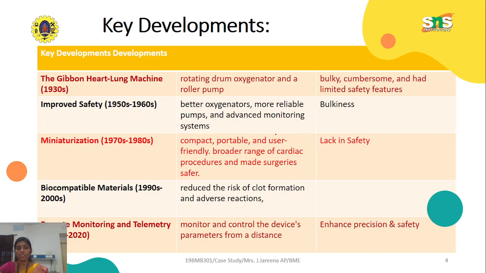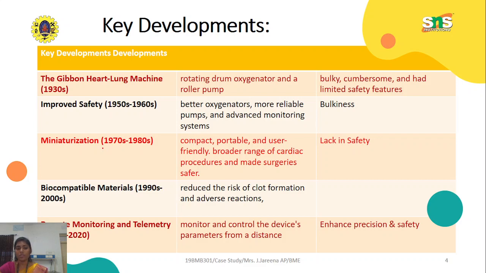Bulkiness is one of the main limitations of the heart lung machine. In the 1970s to 1980s, the scientists worked on this size aspect.